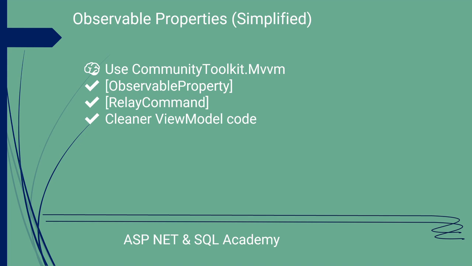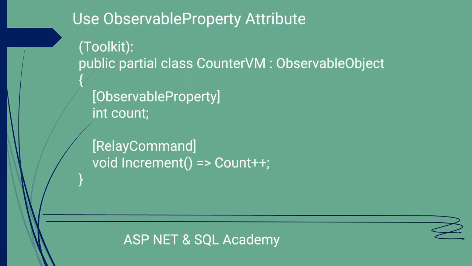To simplify property and command handling, MAUI supports CommunityToolkit.Mvvm. It reduces boilerplate and improves productivity. This version uses attributes.